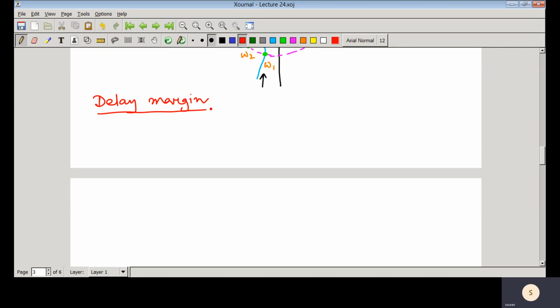Whenever it contributes that phase lag, the phase margin is reduced, and if you keep on increasing the delay in the loop, then after some time it becomes unstable. So the delay margin indicates the margin up to which the system remains stable.